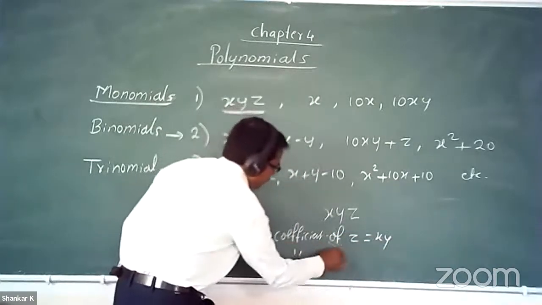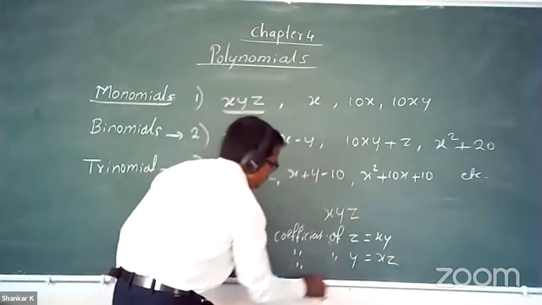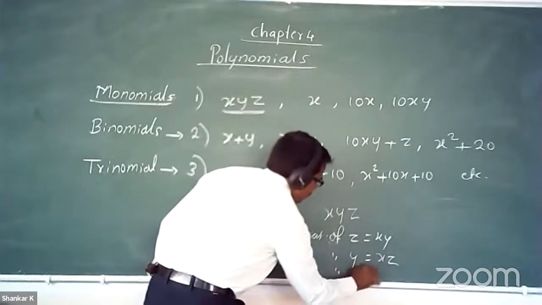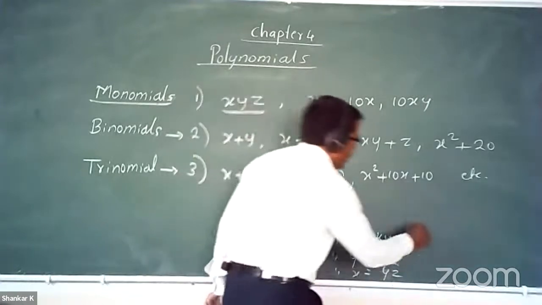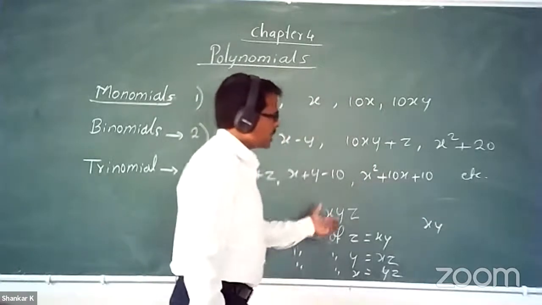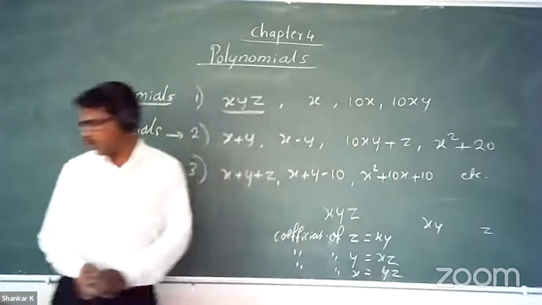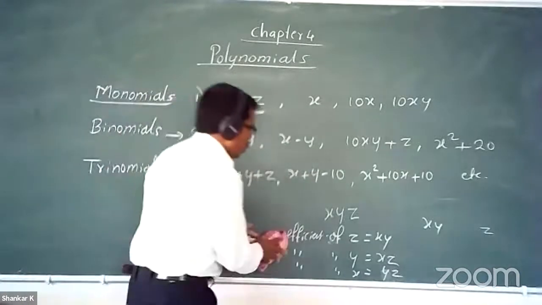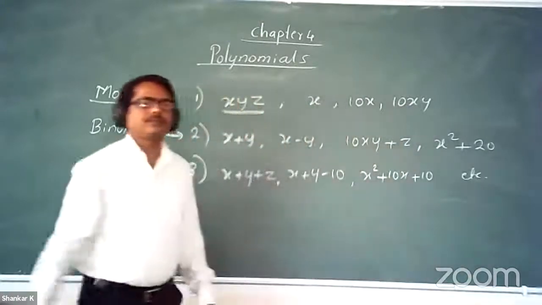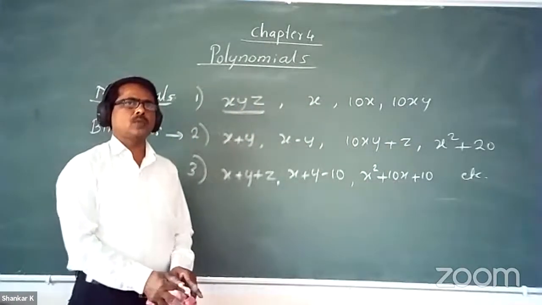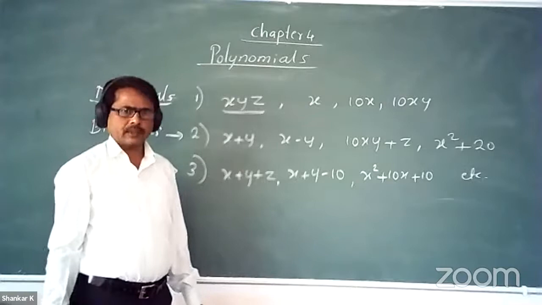What is the coefficient of y? xz. What is the coefficient of x? yz. What is the coefficient of xy? What is multiplied to xy? z is multiplied. Coefficient of xy is z. But numerical coefficient is the number multiplied to the variable part. And usually, if we take coefficient, we talk about numerical coefficient only.